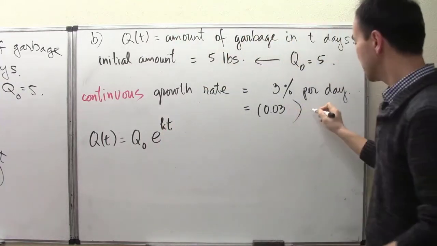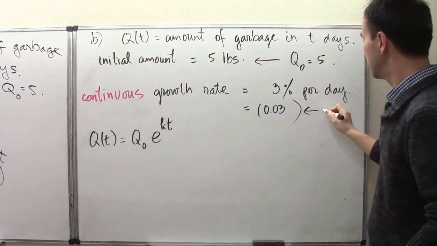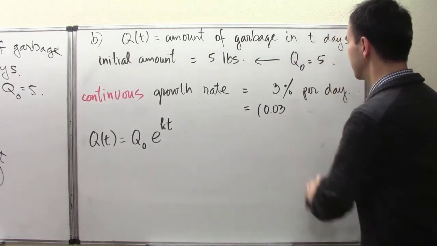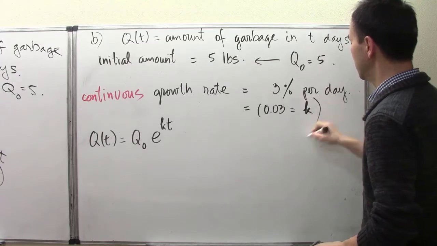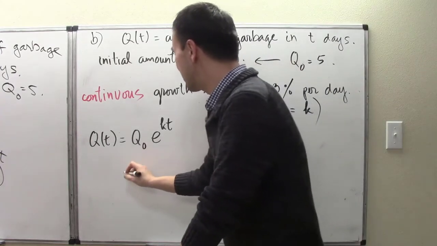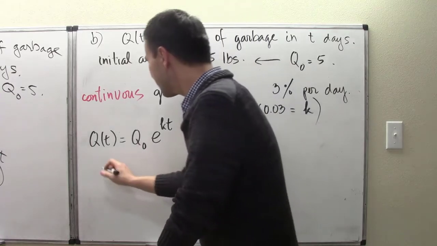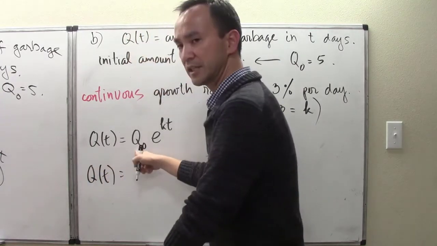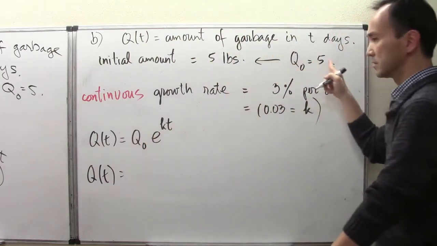So now note that this is our k value. Well, now let me note directly in here. This equals our k value. All right, and so now I am going to have the following. Q of t equals, this q sub 0 is our initial amount.